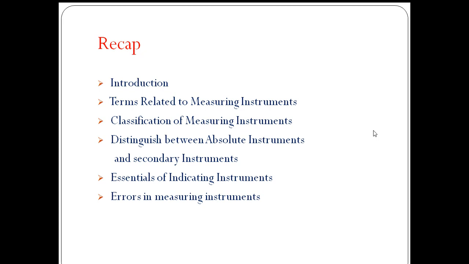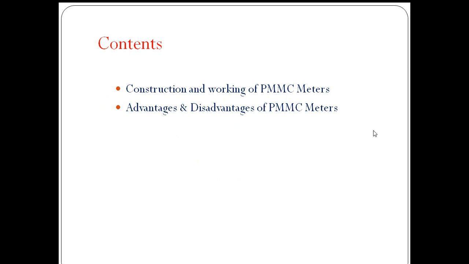We have also seen the errors in measuring instruments. In today's lecture, we will mainly focus on the construction and working of permanent magnet moving coil meters, and we will also discuss the advantages and disadvantages of PMMC meters.